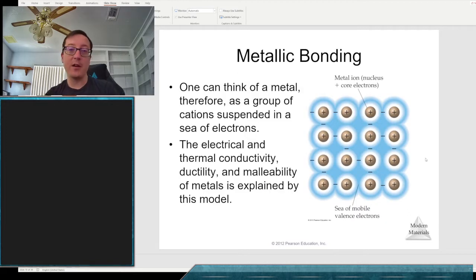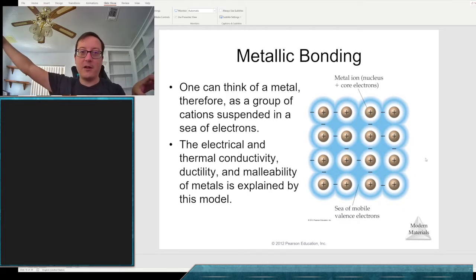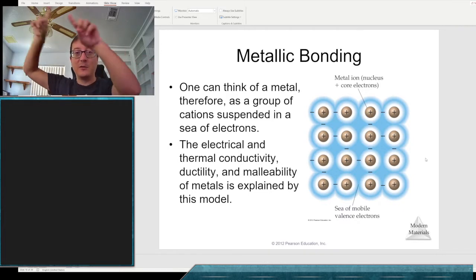And so the first model we have to describe this is the electron sea model, where all of these metals' valence electrons are just completely dissociated, just going around wherever, and they're shared throughout the entire structure. So an aluminum atom way over here, or whatever metal, and an aluminum atom way over there are actually sharing their electrons through space.